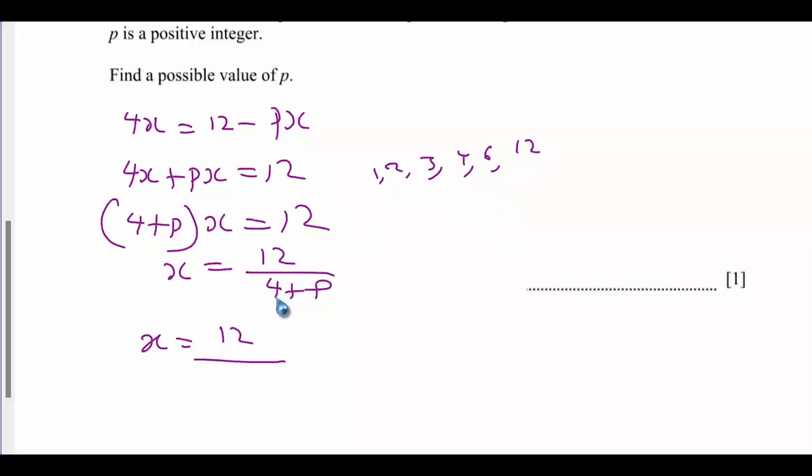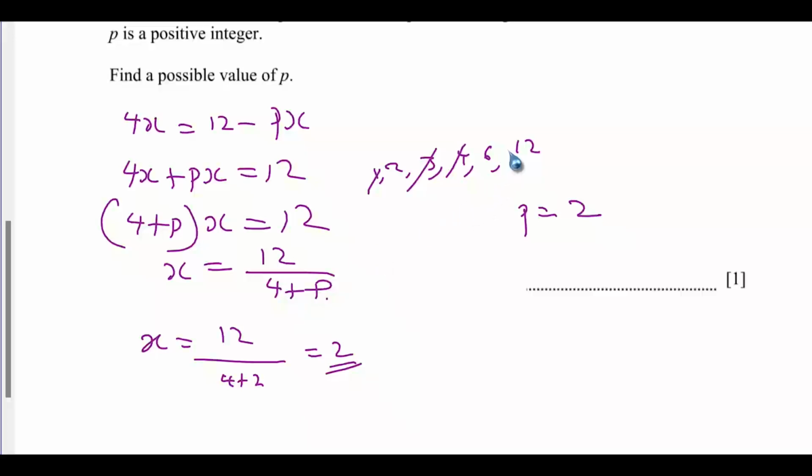But we already have 4 at the denominator, that means p cannot be 1. Because we have 4 plus something, 4 plus 2 will be 6. That means p can be 2, because 4 plus 2 is 6, and this will give us a positive integer. So p cannot be 3 because 4 add 3 will be 7. p cannot be 4. 4 add 4 will be 8, which is not possible here.